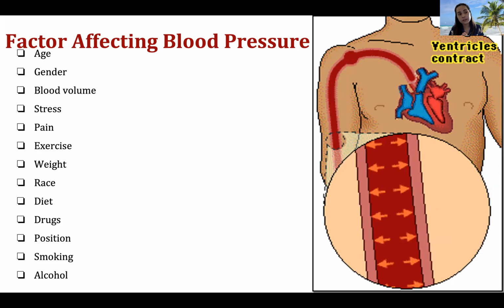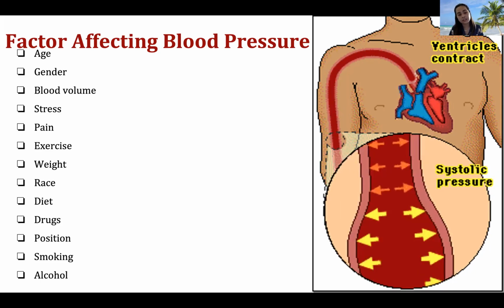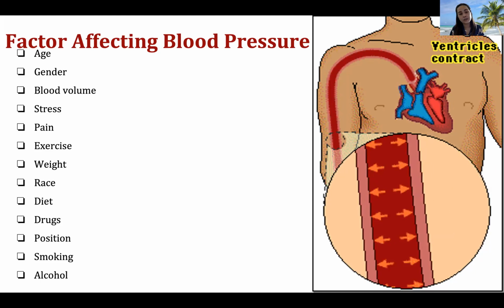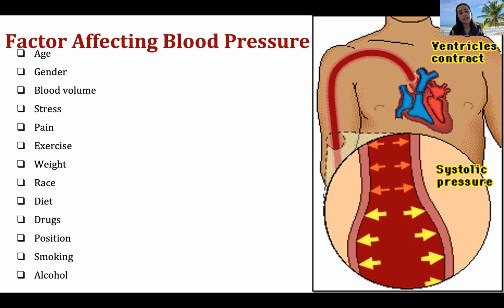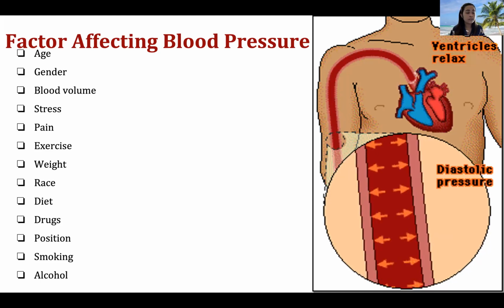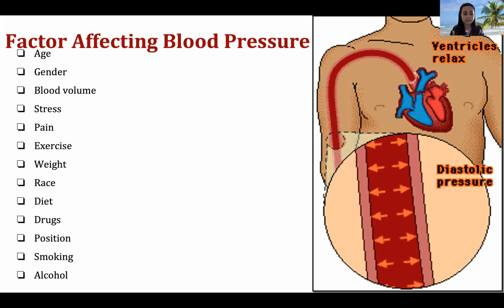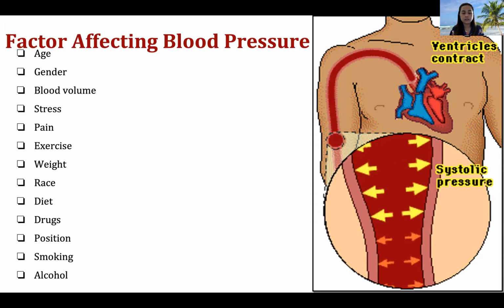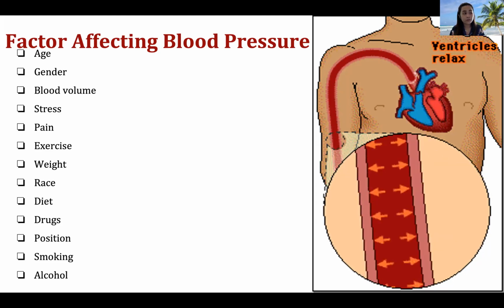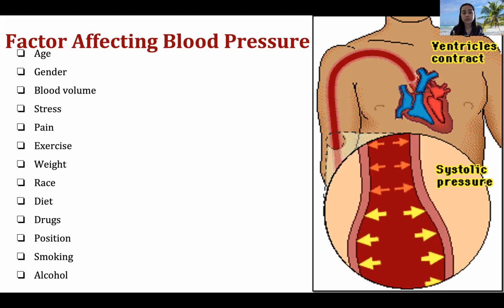Why? Because salt attracts water, and if you are attracting water, your blood volume will increase. If your blood volume increases, your blood pressure will increase. That's why for patients who are hypertensive or with high blood pressure, the doctor will write a low fat, low salt diet.